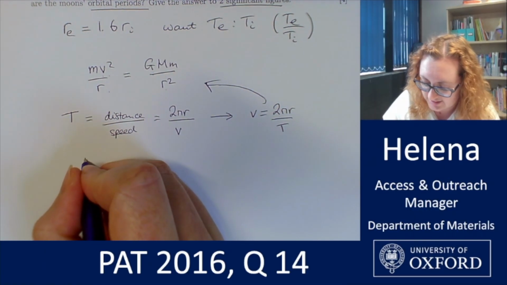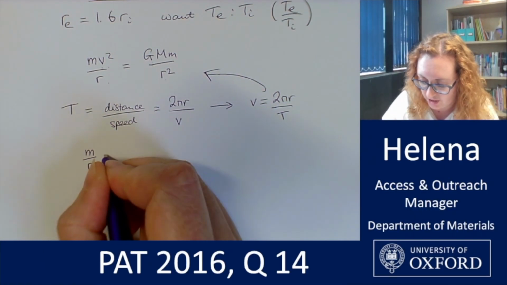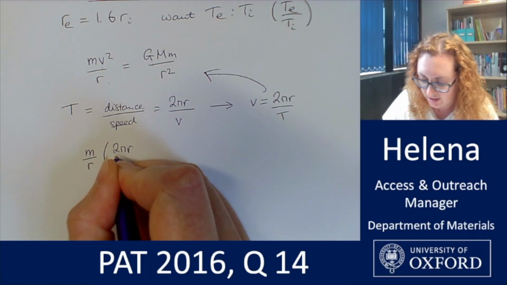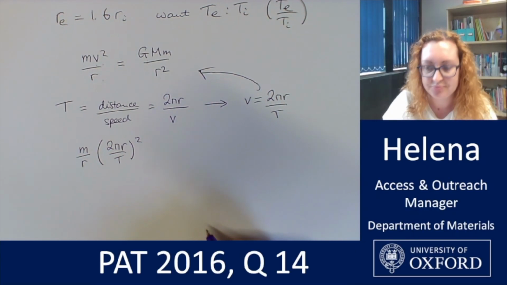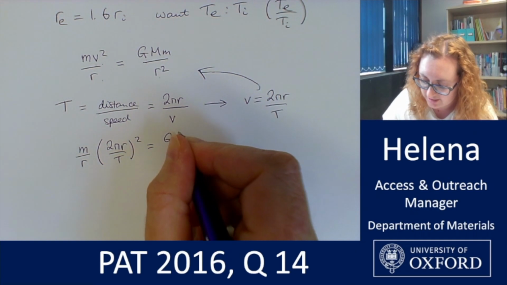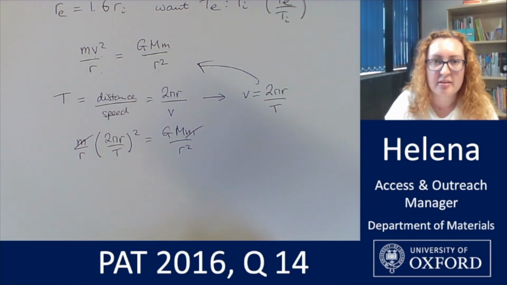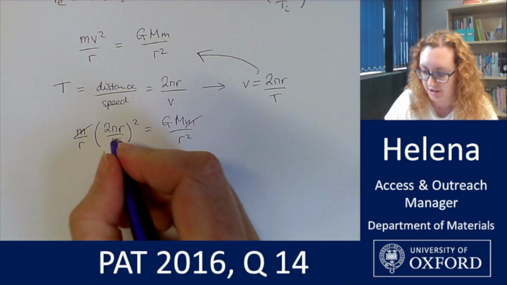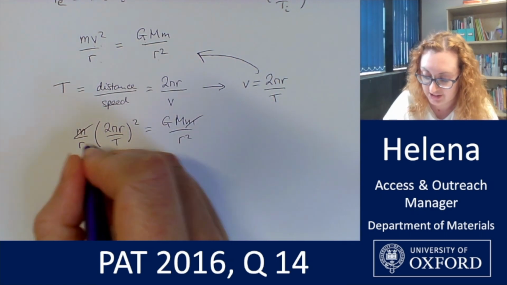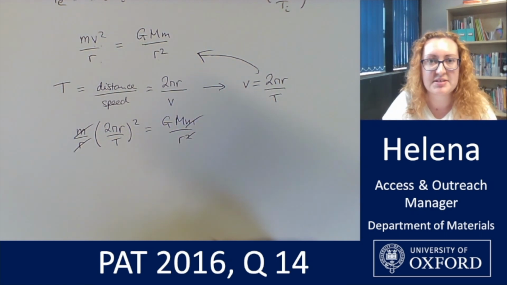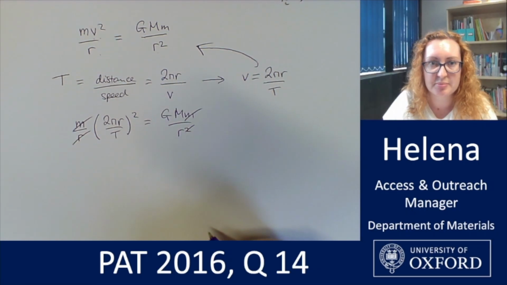So I'm going to write this like this. We have m over r, times 2 pi r over T all squared, which is equal to GM over r squared. So our lowercase m's cancel here. I'm now going to expand this bracket, and also cancel one of the r's on the bottom, so we make it a little bit simpler.